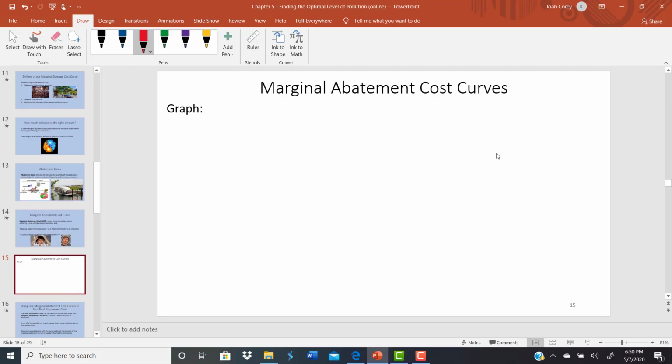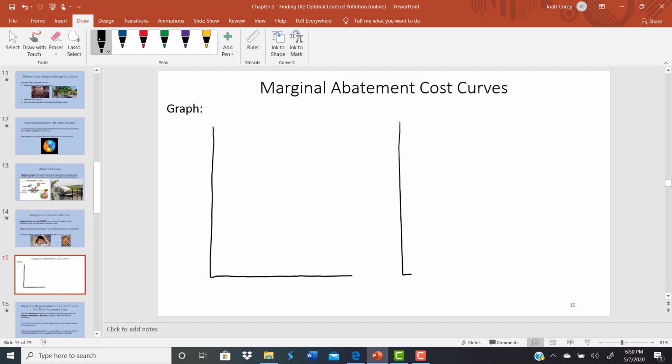So I'm going to go ahead and draw two graphs here. So in your notes, if you're following along at home, I want you to also draw two graphs side by side. I'm going to use red there. Let's start them out here in black. So in your notes, you're going to have two graphs side by side, and these graphs are going to be kind of mirror images of one another. Right, both graphs we're going to be measuring damages in terms of dollars on the vertical axis.